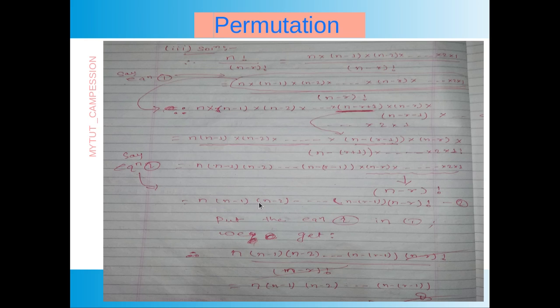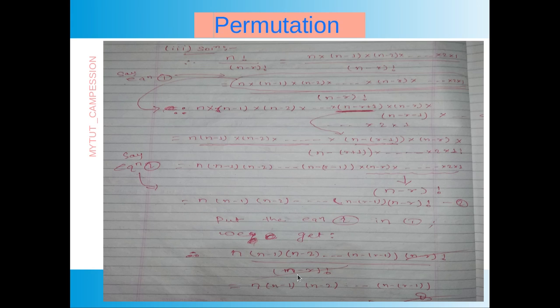We get n into n minus 1 into n minus 2 dot dot dot n minus r plus 1 into n minus r factorial divided by n minus r factorial.